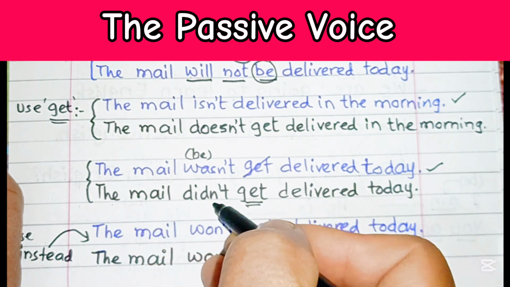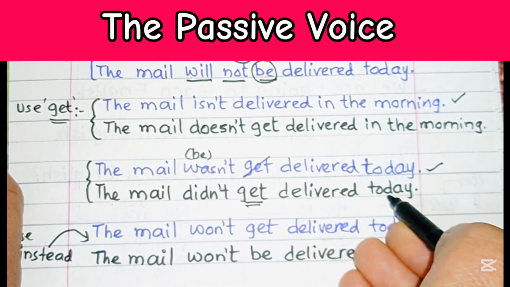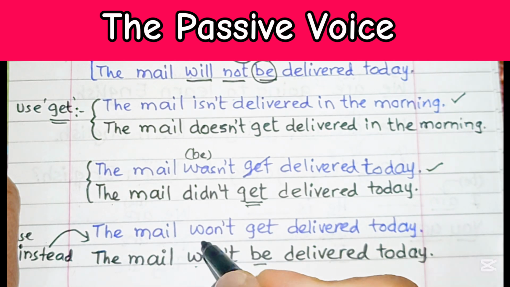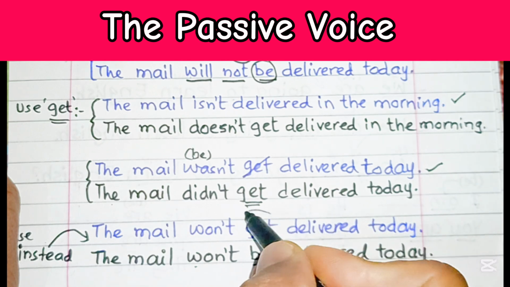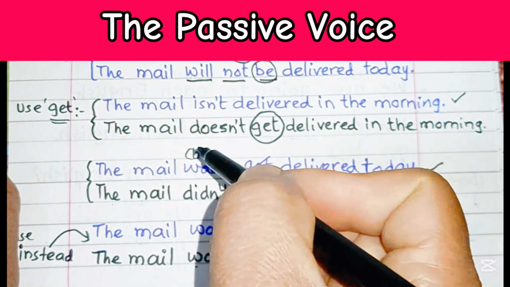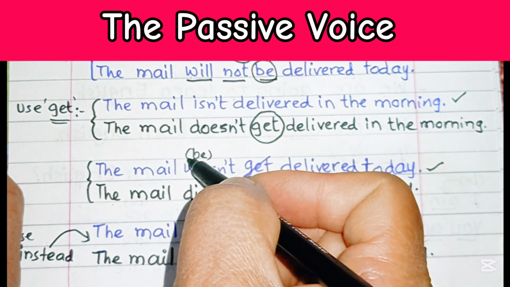The mail didn't get delivered today, and the mail won't be delivered today. Over here the verb be is there, but we can also use the mail won't get delivered today. So over here we have used get in negative sentences.